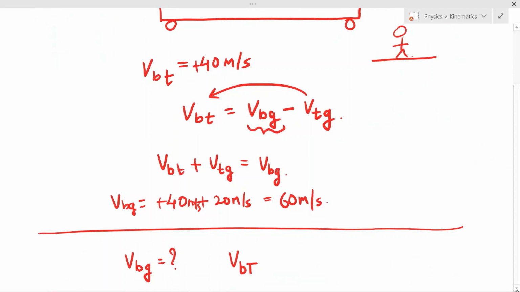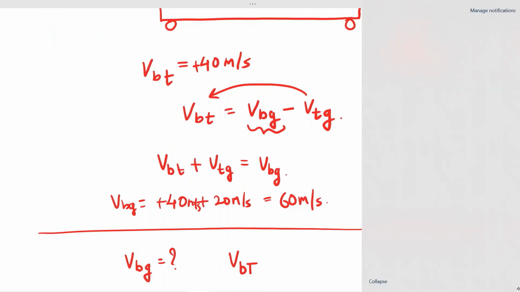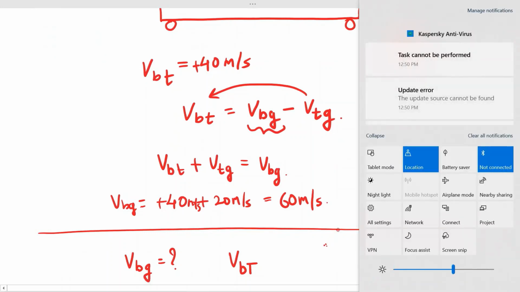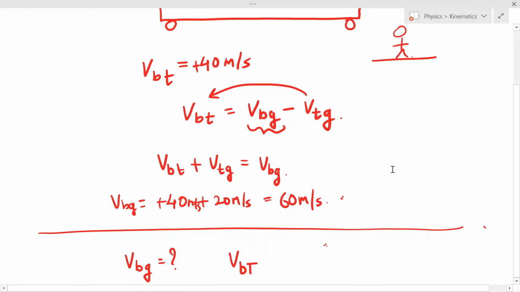So the velocity of the ball with respect to the trolley is 40 meter per second in the negative direction, hence the minus sign.